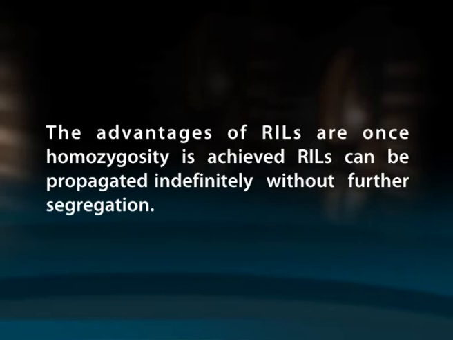The advantages of RILs are: once homozygosity is achieved, RILs can be propagated indefinitely without further segregation. Since RILs are an immortal population, they can be replicated over locations and years and therefore are of immense value in mapping QTLs. RILs obtained after several cycles of meiosis are very useful in identifying tightly linked markers.